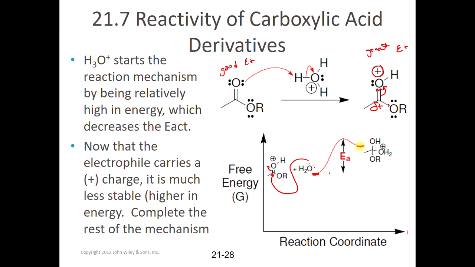So it's still significantly higher energy than the reactant. Also, I've got 2 moles here versus 1 mole here. So entropy-wise, the reactants are favored as well. But the intermediate's favored, at least because there's a sigma bond versus a pi, so that helps stabilize it a little bit compared to the reactants. So there's all these factors involved. But the key thing here is there isn't a huge difference in energy between these two.